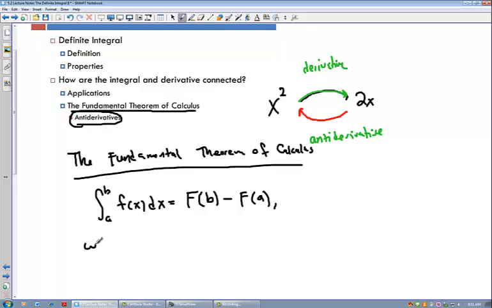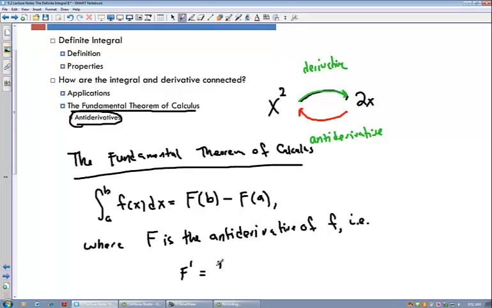So where capital F is the antiderivative of f, that is to say that the derivative of capital F is actually equal to little f. So let's take a look at some examples.